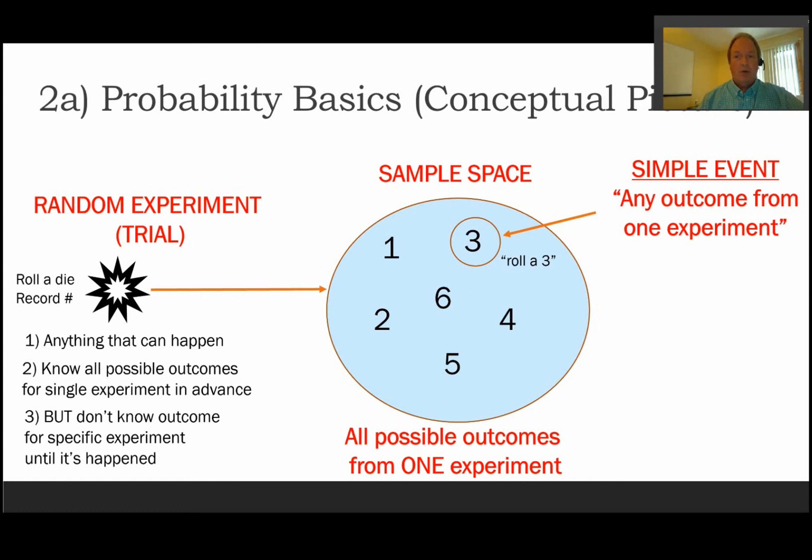Generally, however, we're interested in more complicated things than simple events. So we introduce a more generic term, which is an event. While I could give you a very precise and sophisticated mathematical definition, one of my statistics teachers said it best. He said, an event is anything you can bet on. And I think that's really the way to think about events in a practical manner. Probability theory, for example, originated from betting.